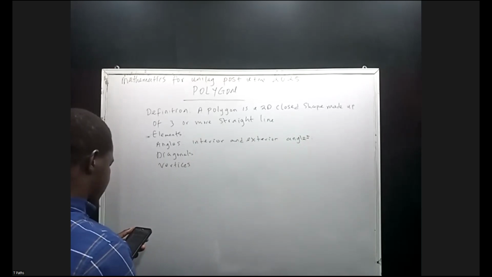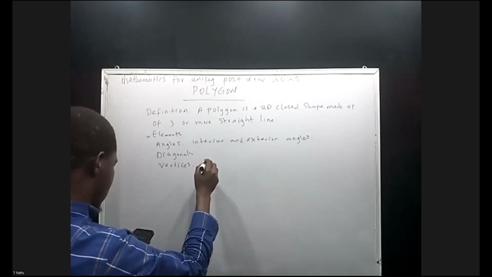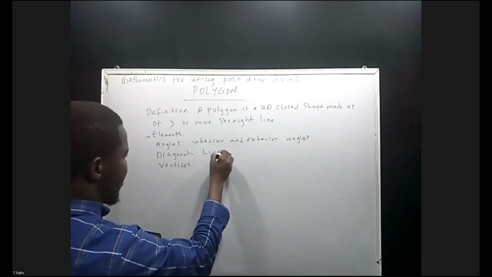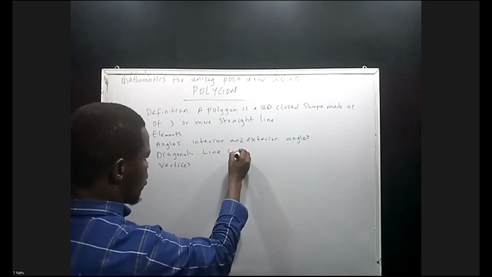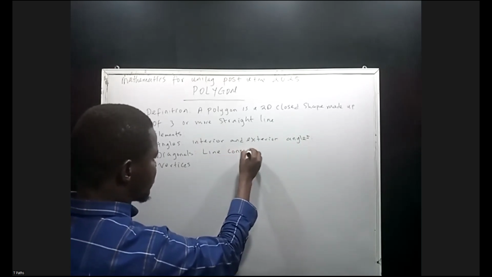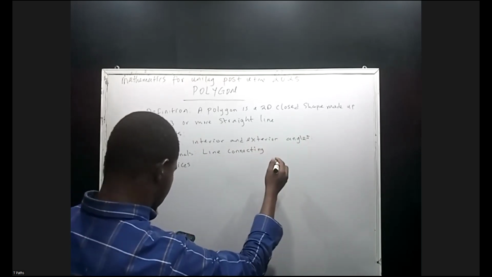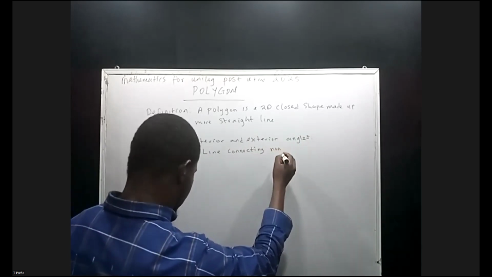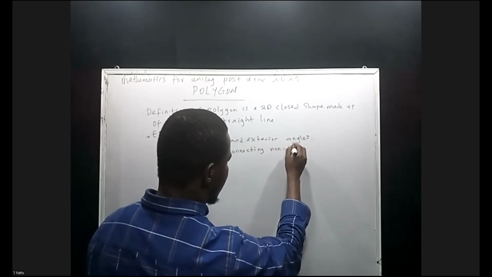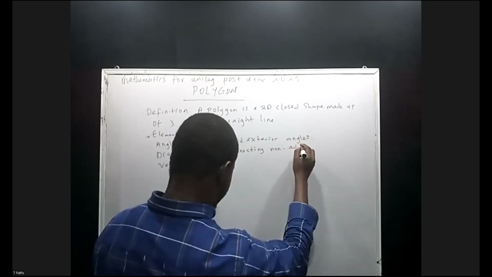And a diagonal is a line connecting non-adjacent vertices.